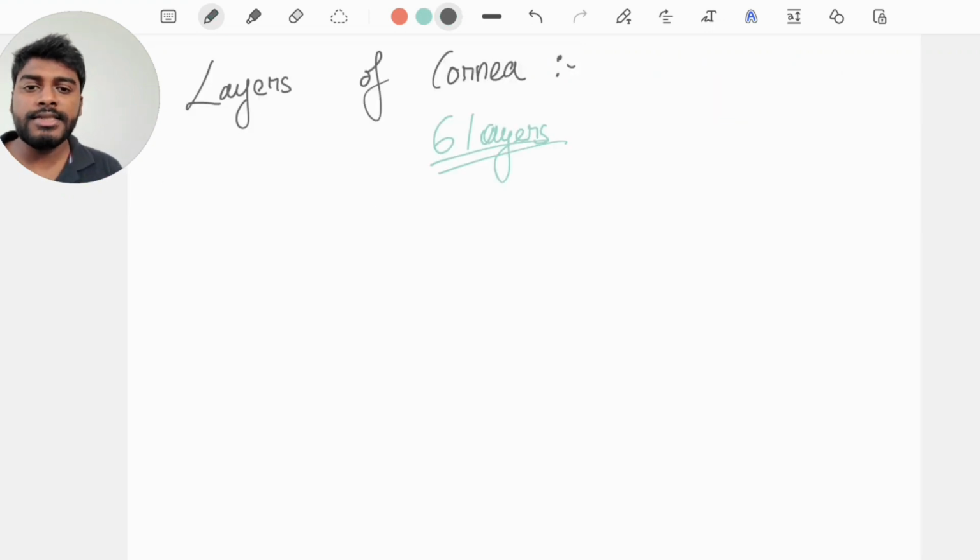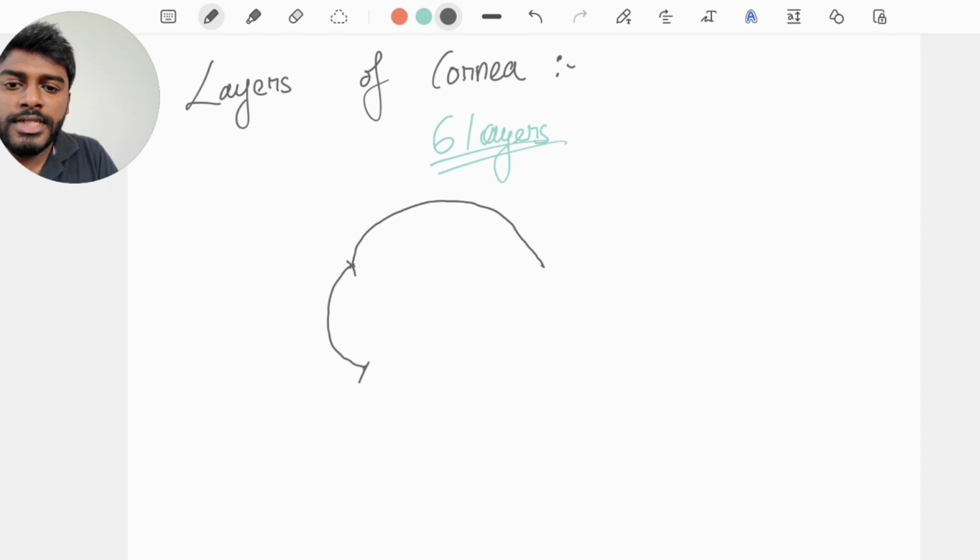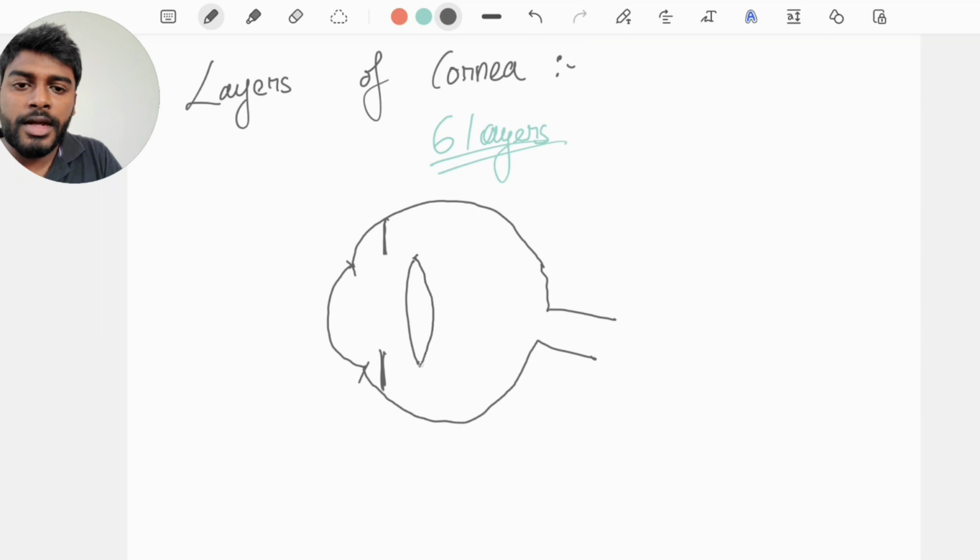So understand this easily. Let me draw the cut section of the eye. Please remember this diagram, because we are going to use it in so many videos. This is the cut section of the eye. Let me label the parts.